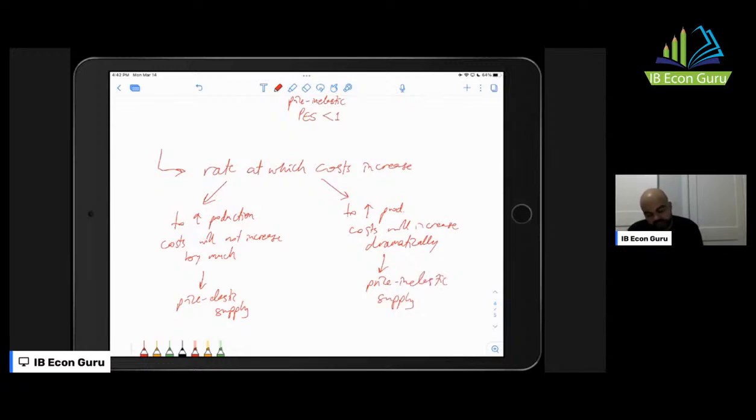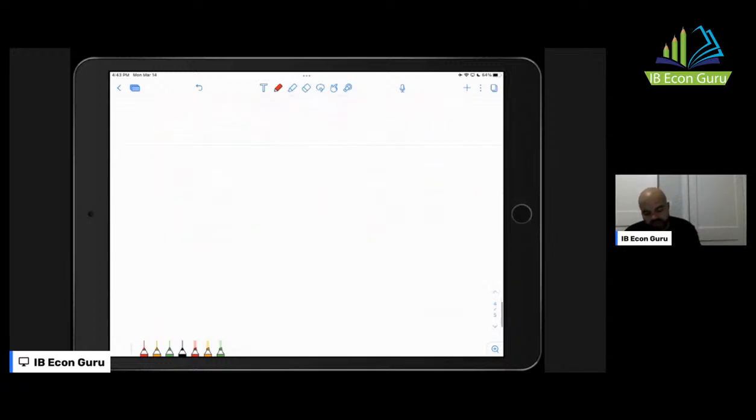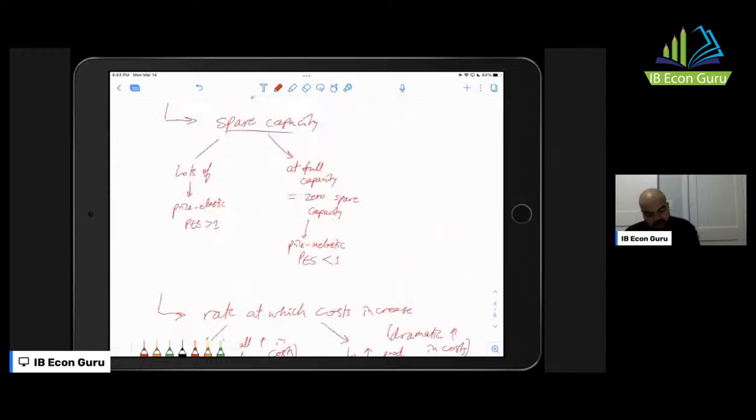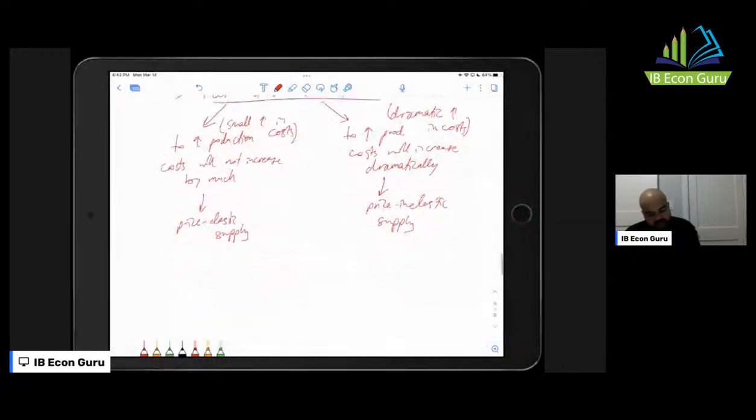If there's a small increase in costs versus a dramatic increase in costs in order to step up production and produce more, okay, the rate at which costs increase.